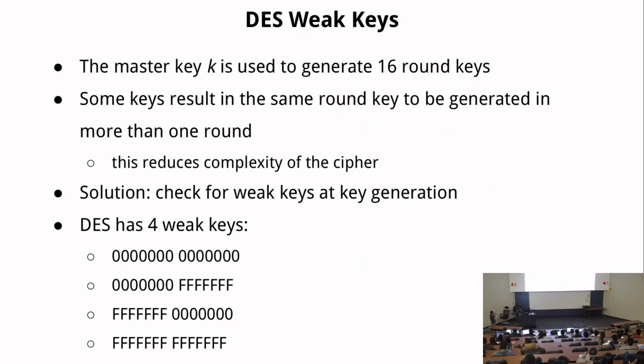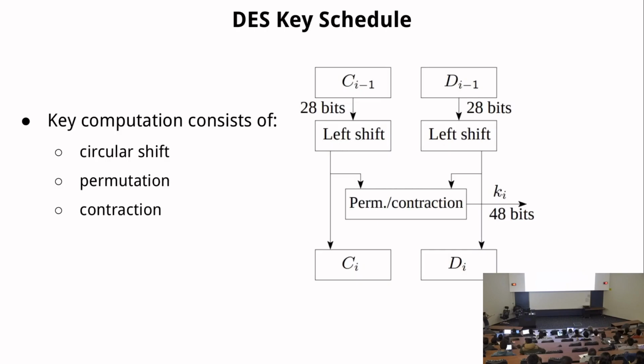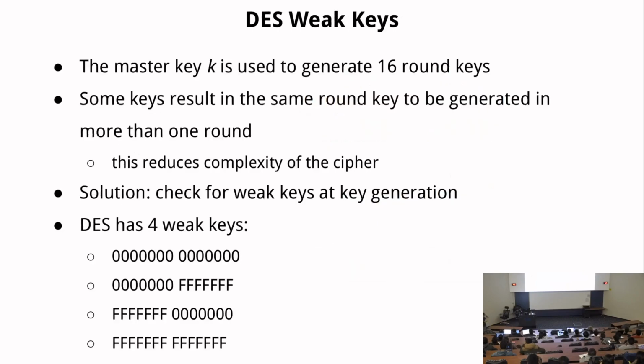In DES, people discovered that there were several weak keys. Because we are expanding the 56 bits of key into something much bigger, 48 times 16, for some weak keys, the way we expand them makes some of the subkeys much more predictable.